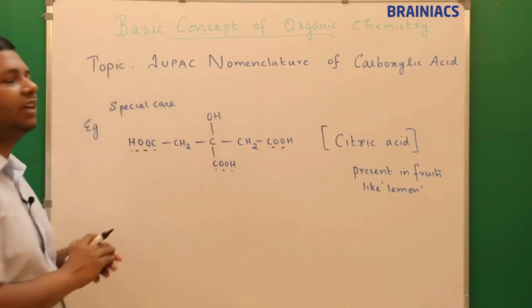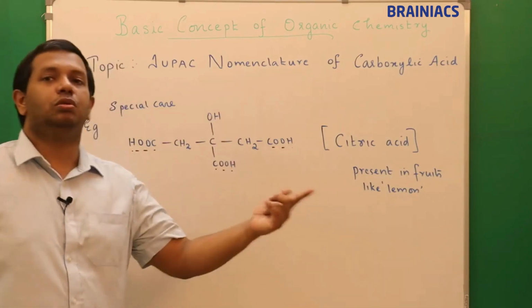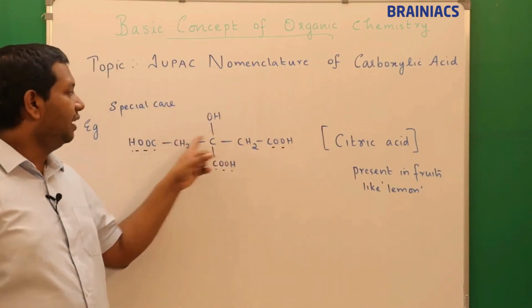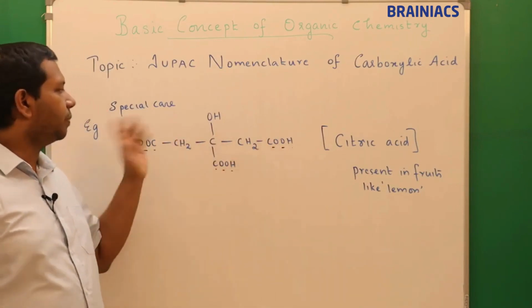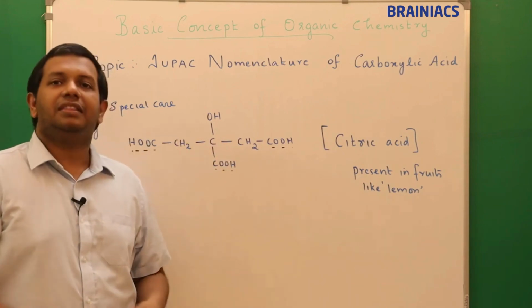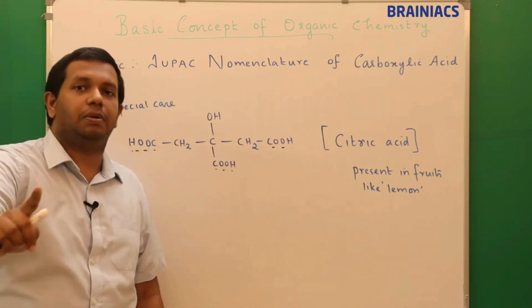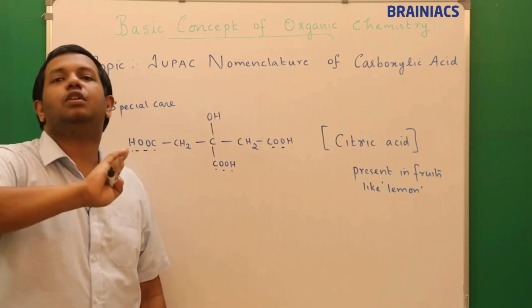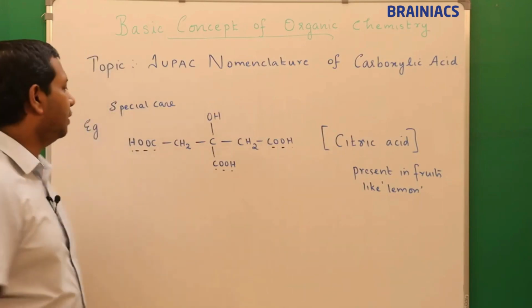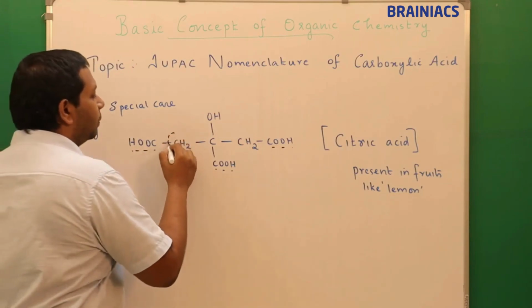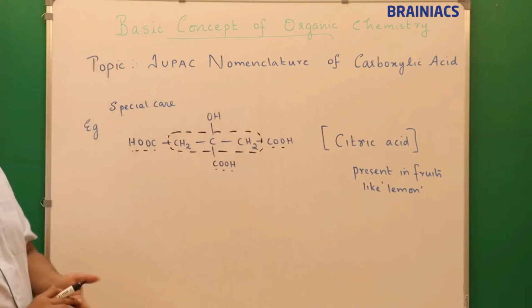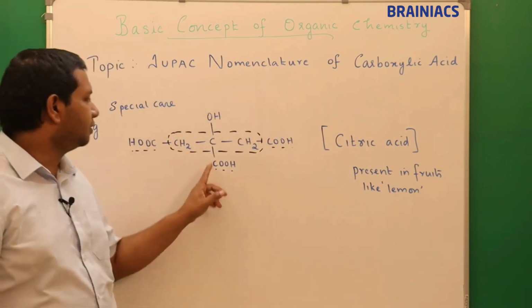So if there are more than 2 carbon containing functional groups present in the parent chain, then none of the carbons of those functional groups are included in the parent chain. That means you can choose the parent chain like this only. I have not included this C and this C.